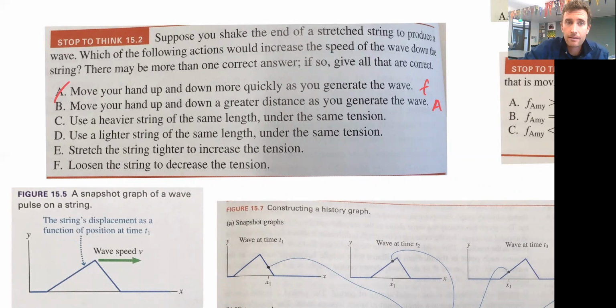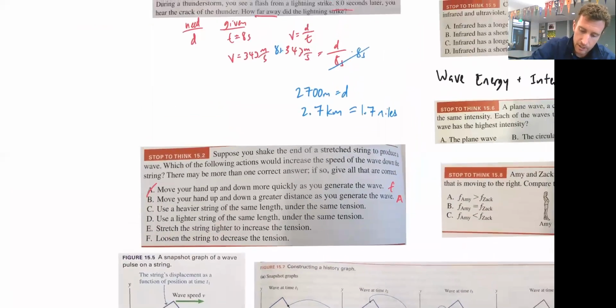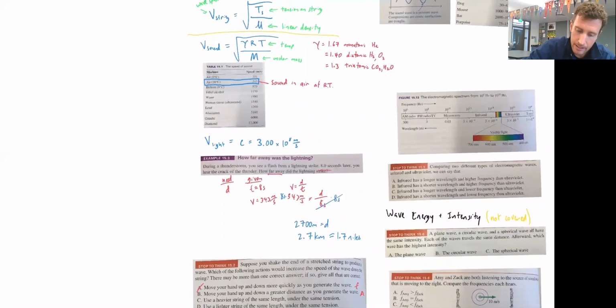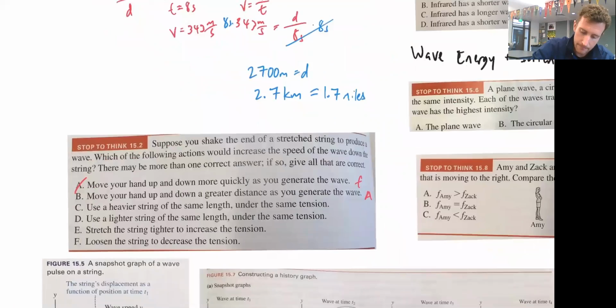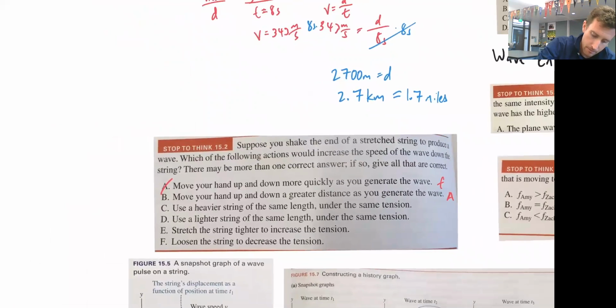Okay, so same length. But this one I'm looking for the increase of the speed. So if I look at my equation again, the velocity of the string, the wave speed, is V equals square root of tension over linear density, and then linear density was the mass over the length.